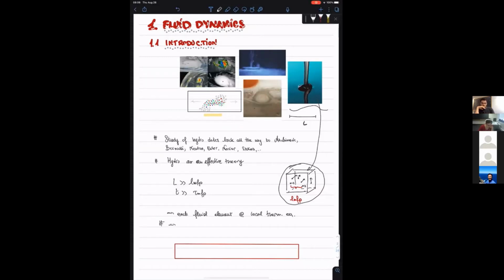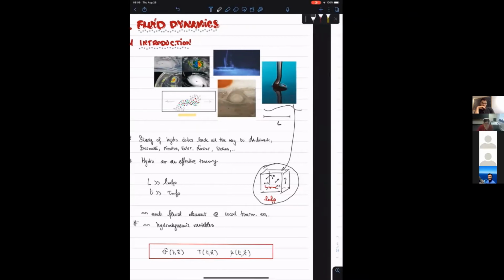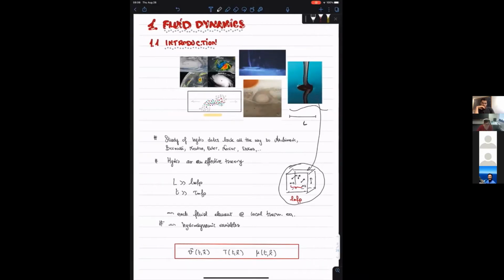You can assign to each of these fluid elements the hydrodynamic variables, which can be the velocity field, the temperature, and say the chemical potential associated with particle number conservation. So instead of considering all the microscopic particles, you consider these macroscopic fluid elements which interact with one another.